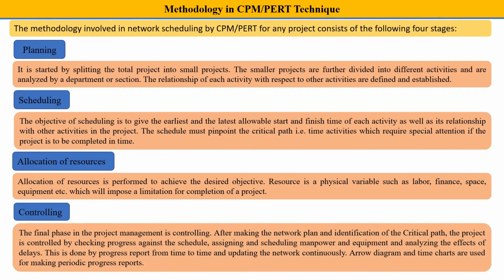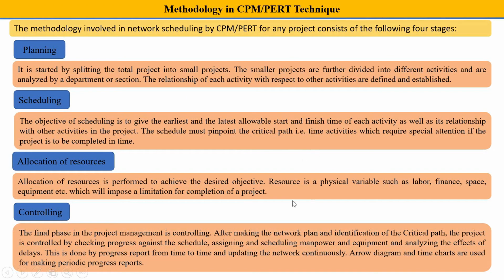The last one is controlling. The final phase in project management is controlling. So after planning has been done, scheduling has been done, and allocation has been provided, controlling is important. Otherwise, if the schedule and planning are not controlled, then there will be an issue.